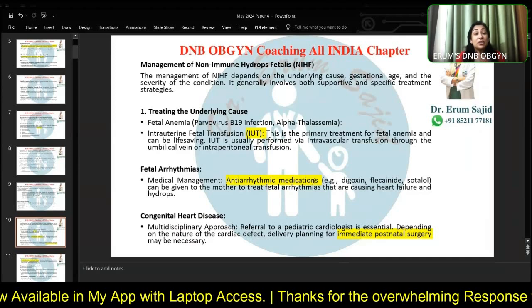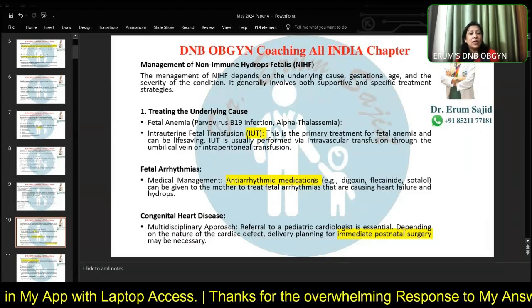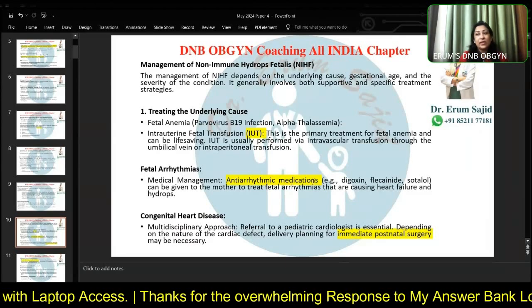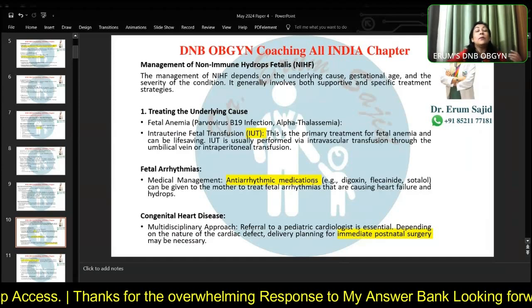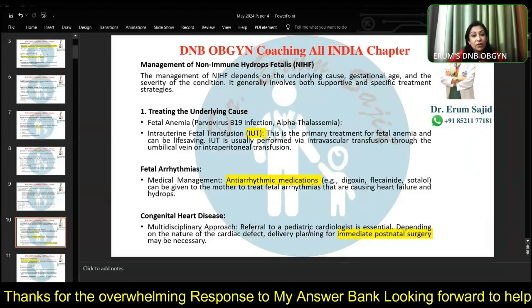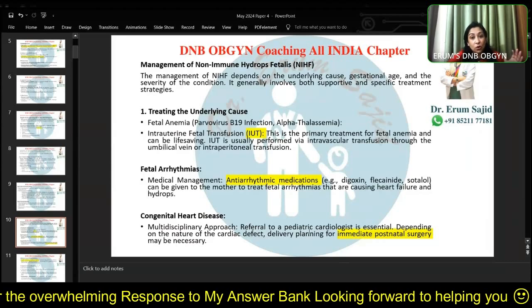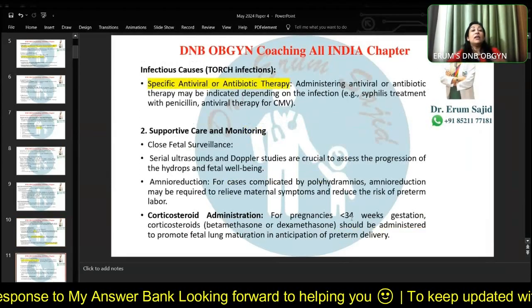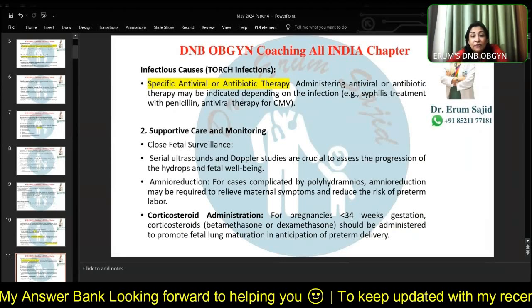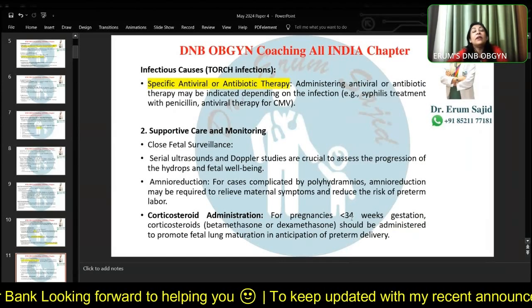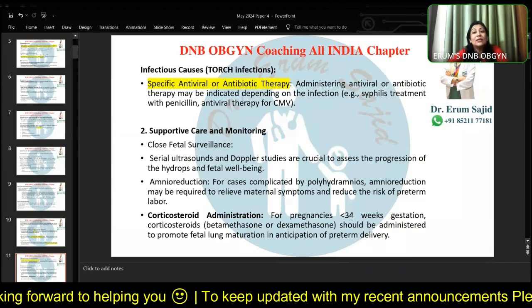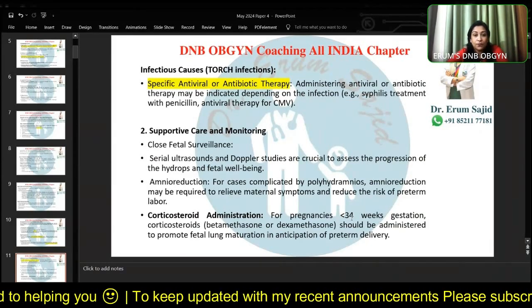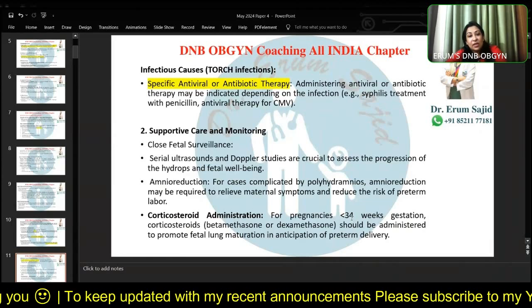If the baby is having arrhythmia, give antiarrhythmic medications. If the baby is showing some congenital heart disease, well, in that case, you can't do anything, but you're at least prepared for an immediate operative intervention after the delivery. So you already involve a pediatric cardiologist. That is one. If there are any viral infections or bacterial infections, you will be ready to give the antibiotic therapy. Like in that case, only syphilis and maybe toxo. Antiviral maybe for CMV, they're just saying that.